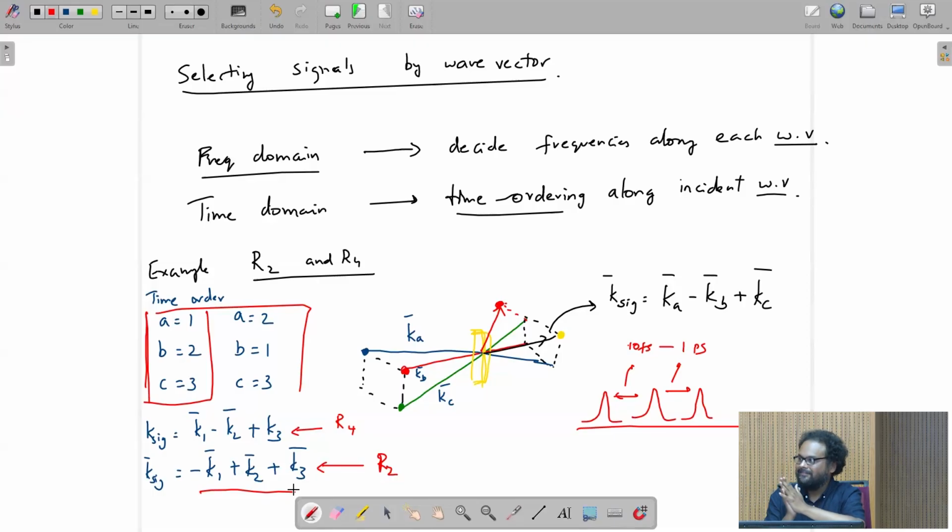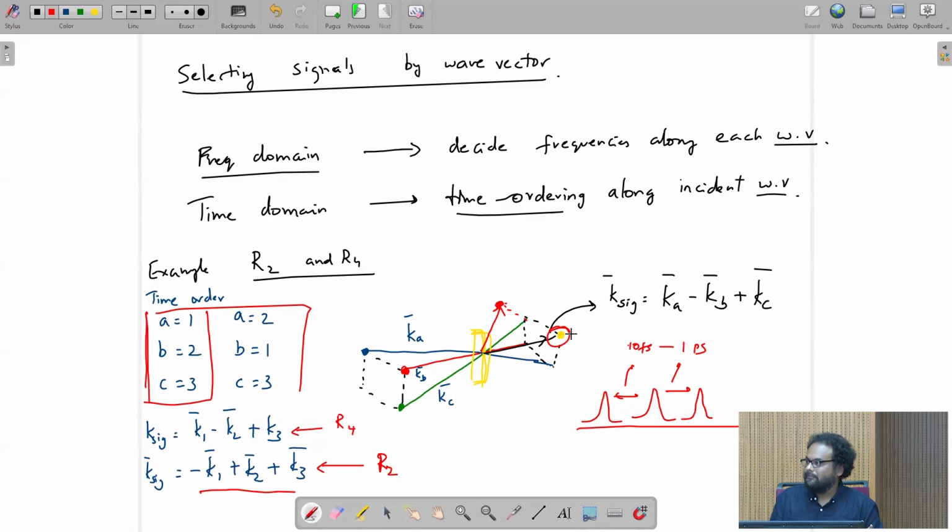For this particular measurement, this time order gives you the non-rephasing signal. With the same time order, there is also a rephasing signal emitted in another direction. Now if we change the time order, rephasing will come back here. That's my point.